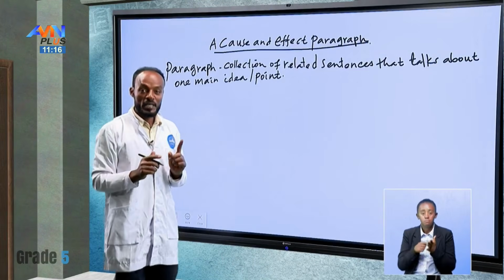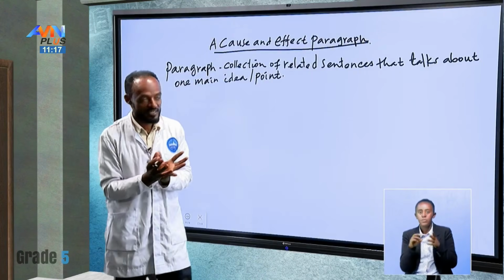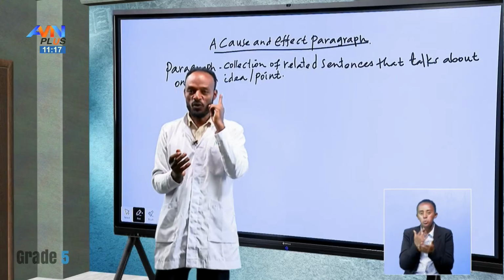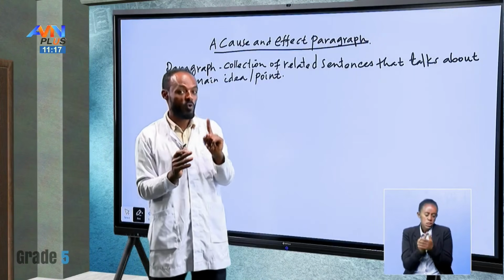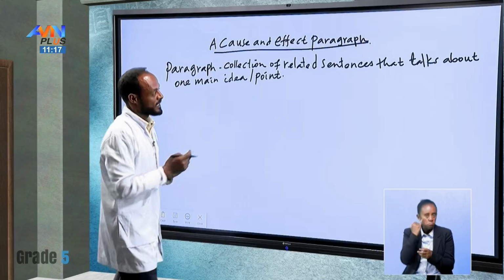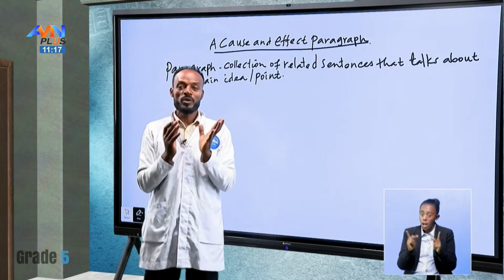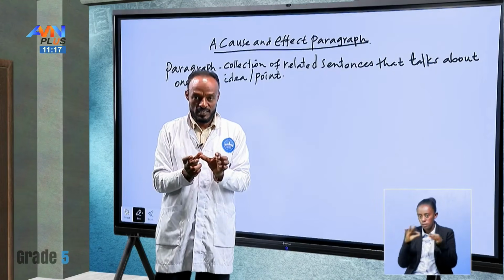Is it clear? A paragraph is a group of related sentences that talks about one or a single topic. It should be a single topic, okay? Or one main idea. So, when we say paragraph, we mean a collection of sentences, isn't it?